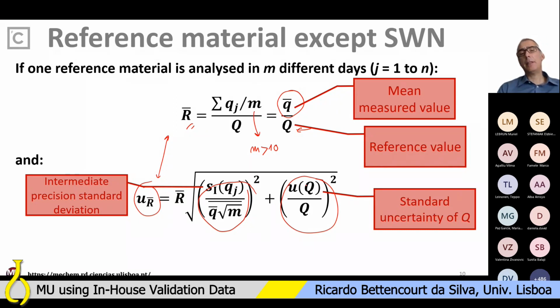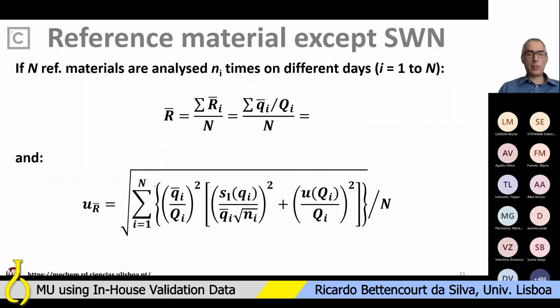But sometimes, frequently, you have several reference materials available, and you want to take all these reference materials into account to calculate the overall recovery, and then you have to calculate the uncertainty of this overall recovery. And typically, each of these reference materials is itself analyzed n_i times.